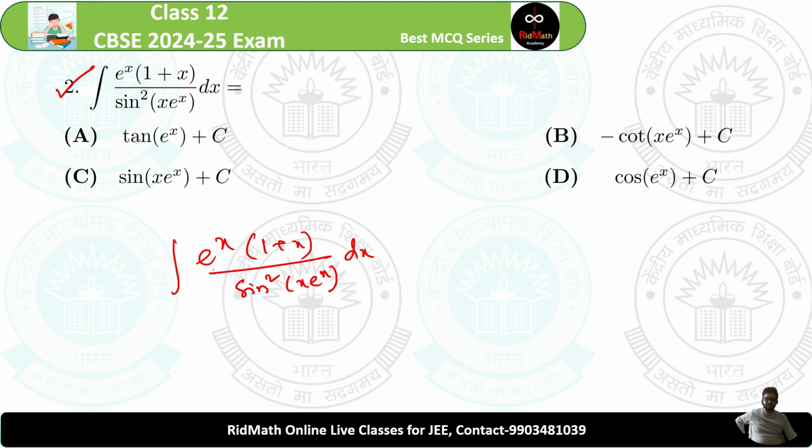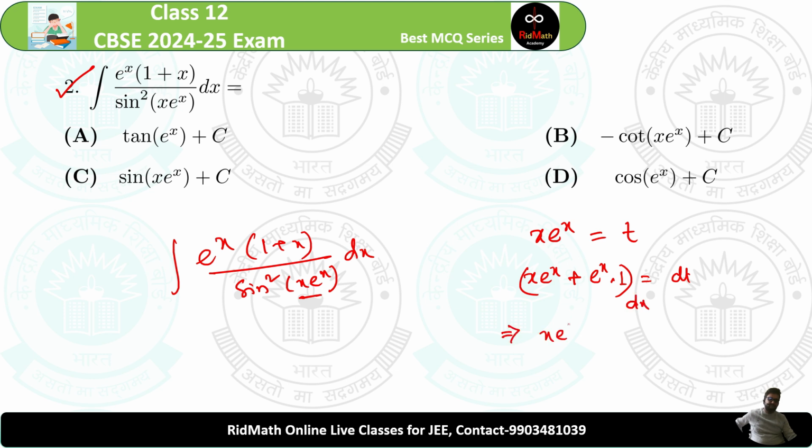See that e to the power x into (1 plus x) is the derivative of x e to the power x. Suppose x e to the power x is equal to t. Taking the derivative on both sides, this is x into e to the power x, because the derivative of e to the power x is e to the power x, plus e to the power x into the derivative of x, which is 1, equal to dt, and this is dx with it.